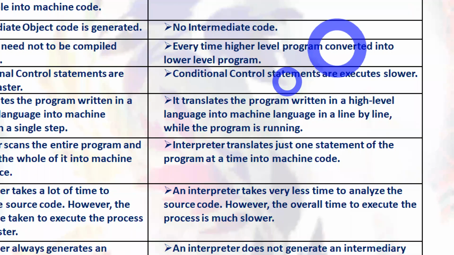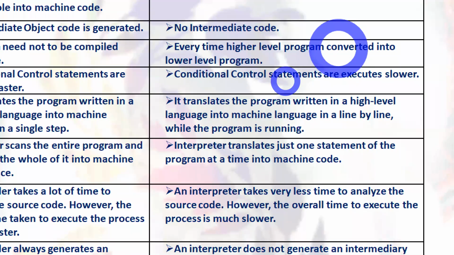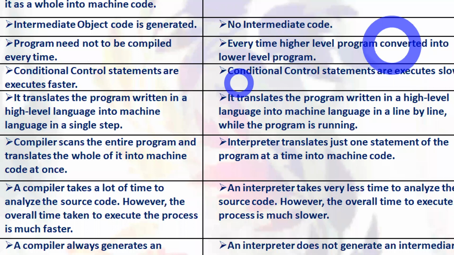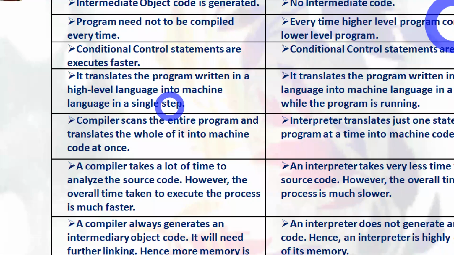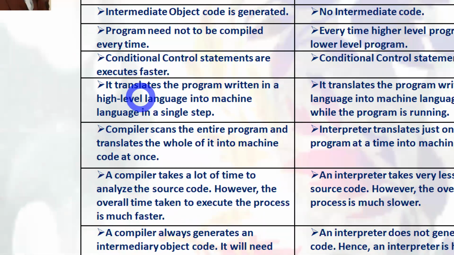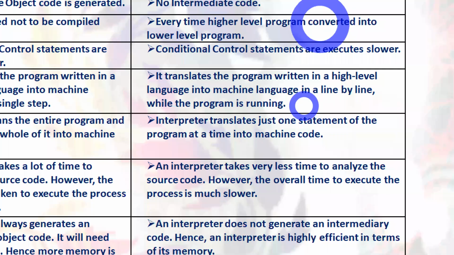Why? Because it executes line by line, so its performance is slower compared to compilers. The compiler translates the program written in a high level language into machine language in a single step. But the interpreter translates the program written in a high level language into machine level language line by line while the program is running.